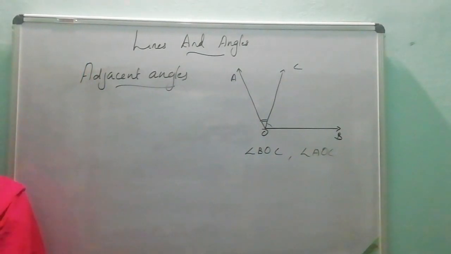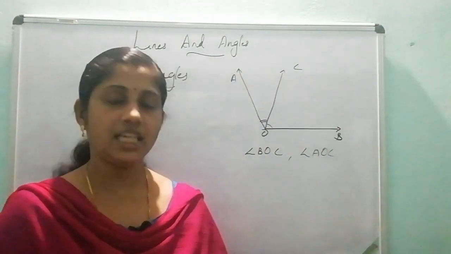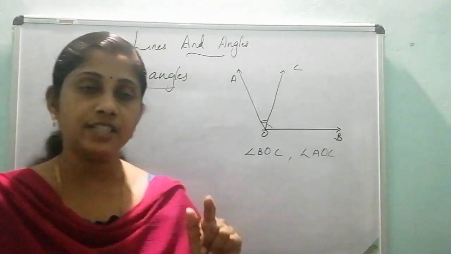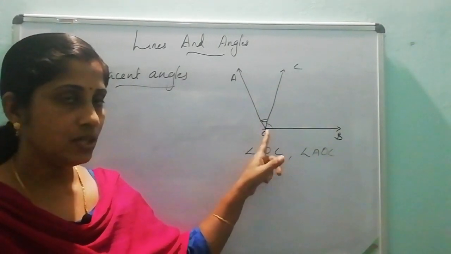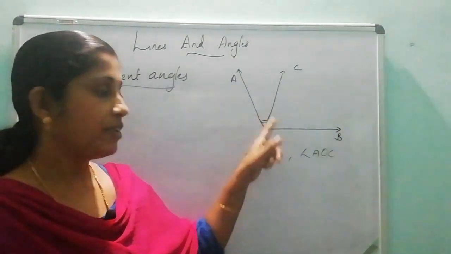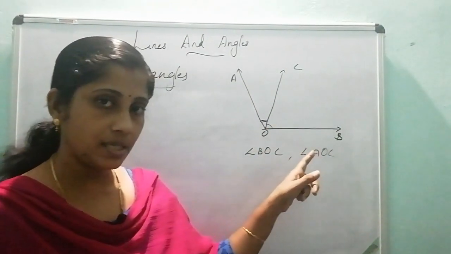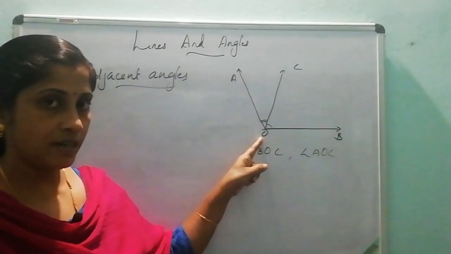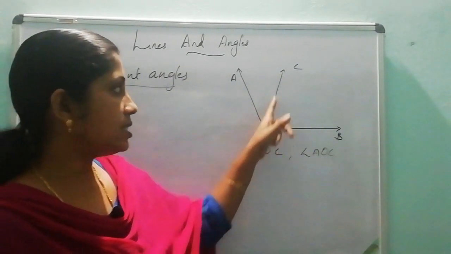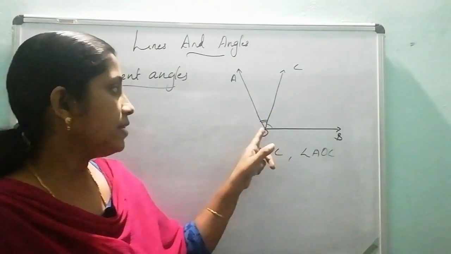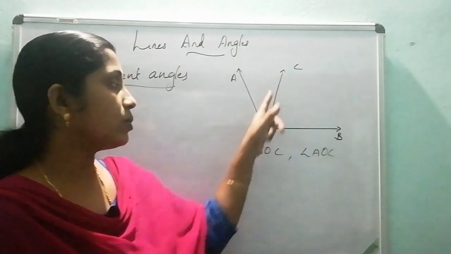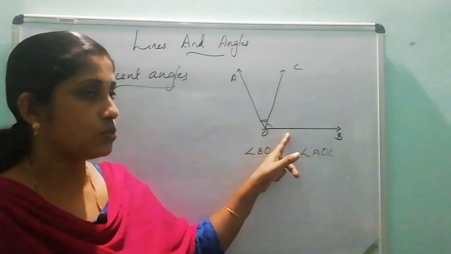Two angles are said to be adjacent if they have a common vertex. Here O is the common vertex. They should also have a common arm. BO, AO, OC are the arms. Look here, OC is a common arm for these two angles.